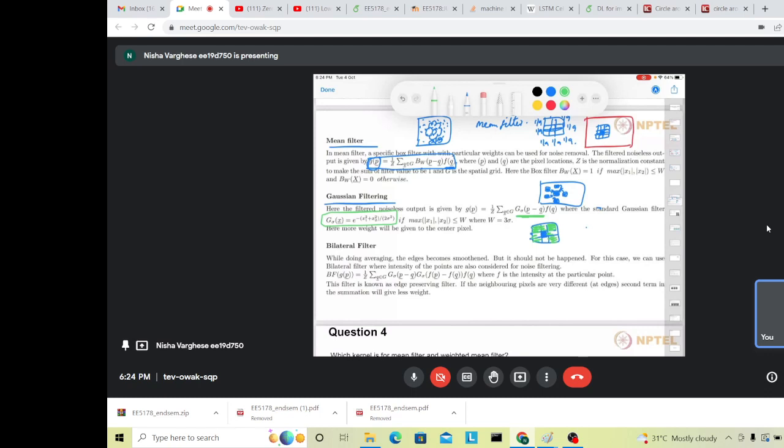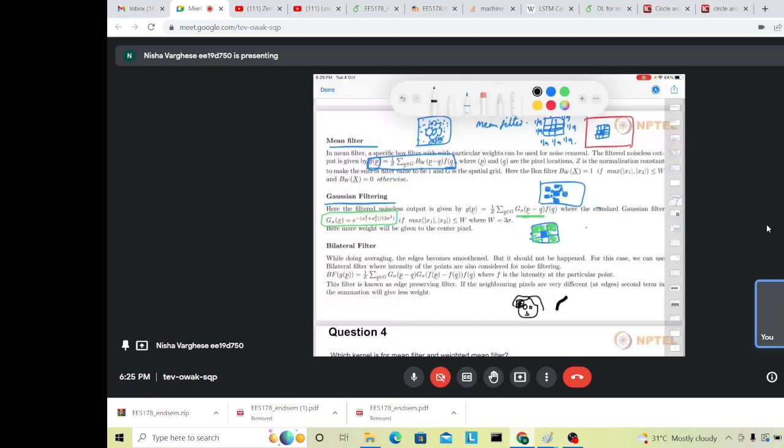Then in the case of bilateral filtering, if you have an edge like this, and you are using simple filters, the neighboring pixels will also be added to the edge, and your edge will look like a blurred edge, right?